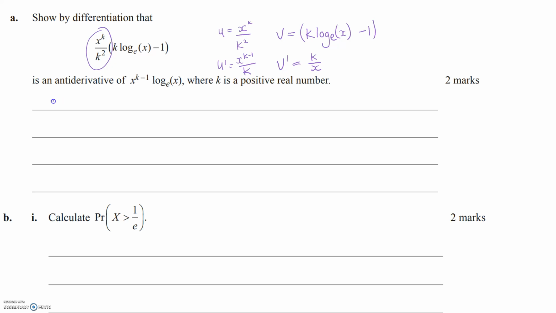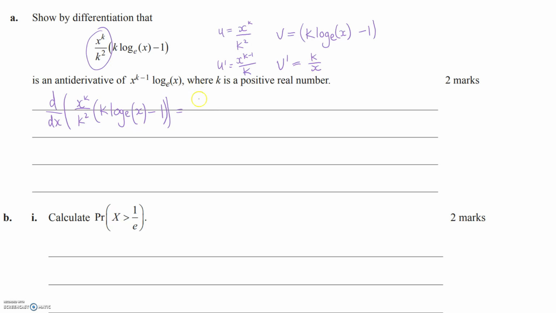So what we've got is d by dx of x to the k over k squared times k log e x take 1 is equal to, now we're doing u dash v plus v dash u. It's a product rule.